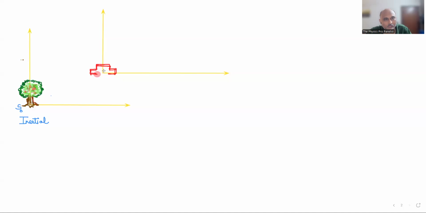So this car is moving with a speed. Sorry, with an acceleration. Let's say the acceleration is a naught. ठीक है? And the frame is, let's call this frame as frame S. ठीक है?